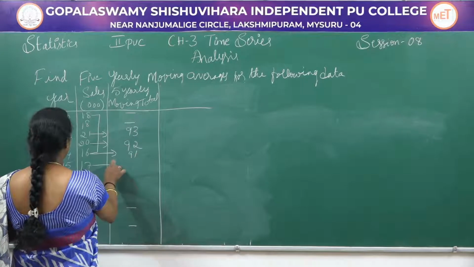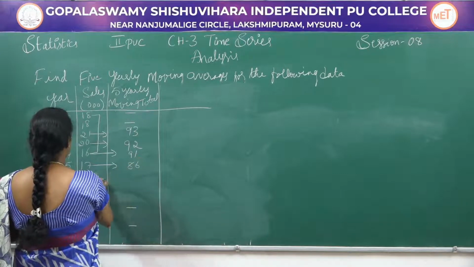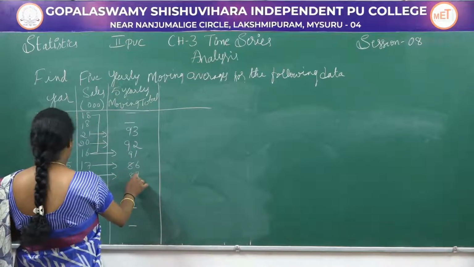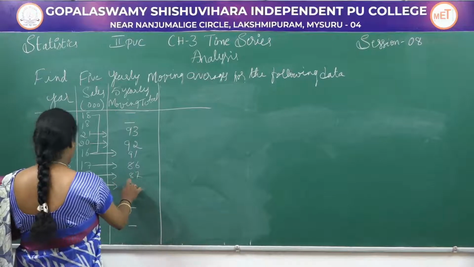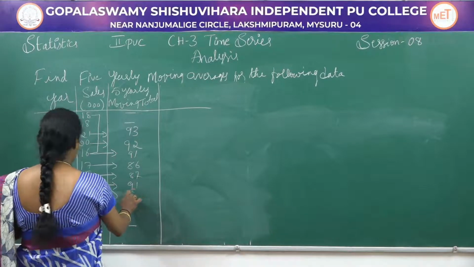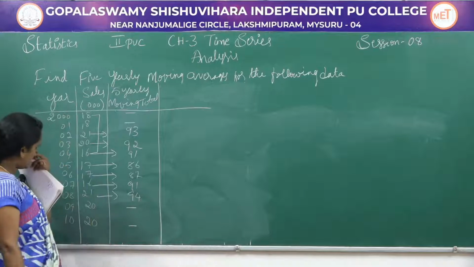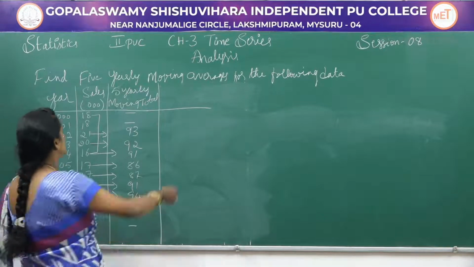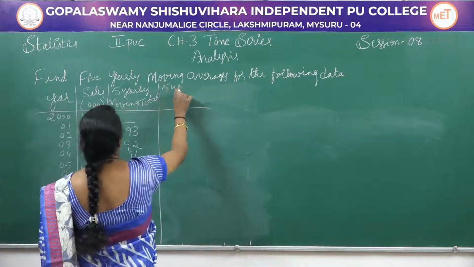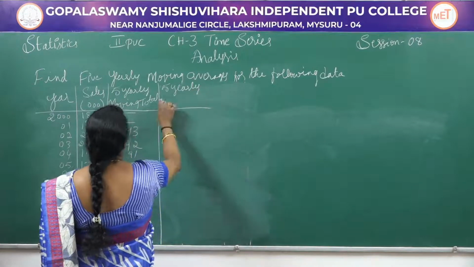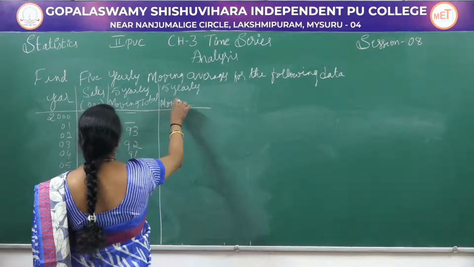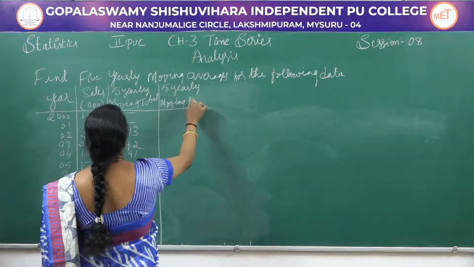It is 91, 86, 87, 91, 94. So next we have to divide this by 5, that is the moving average.